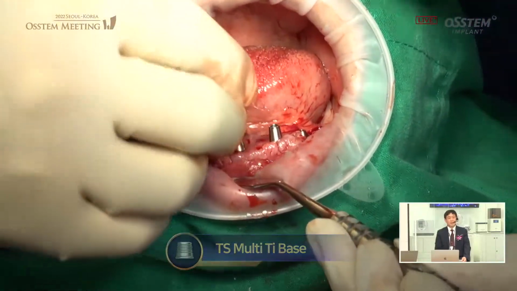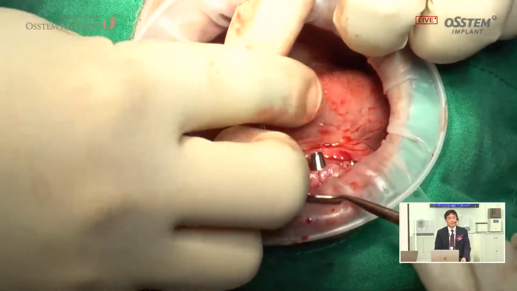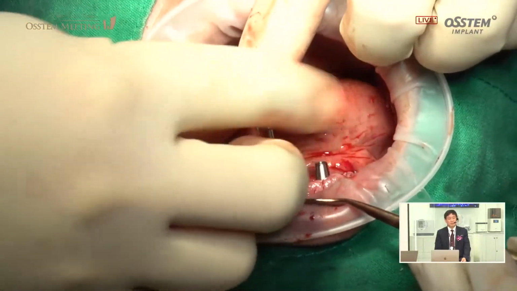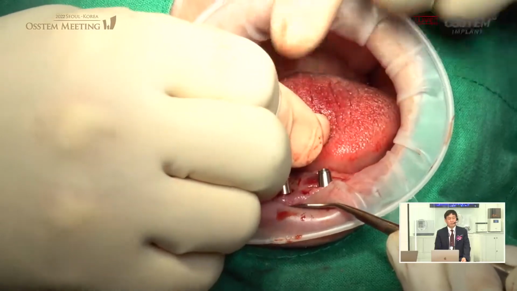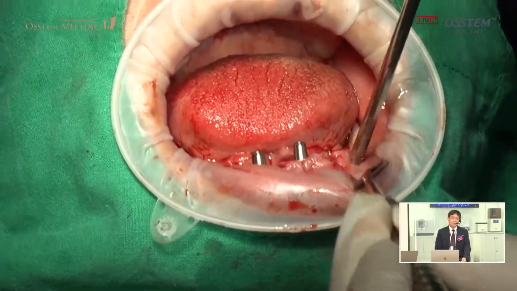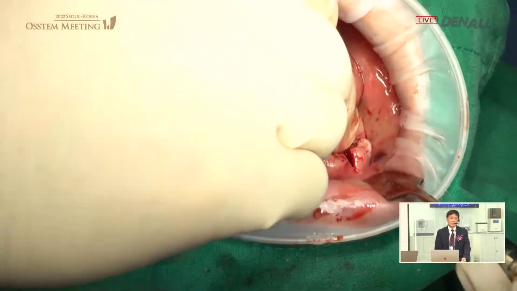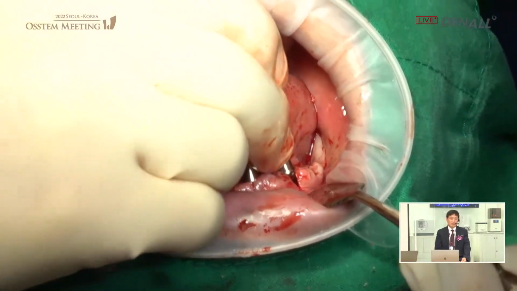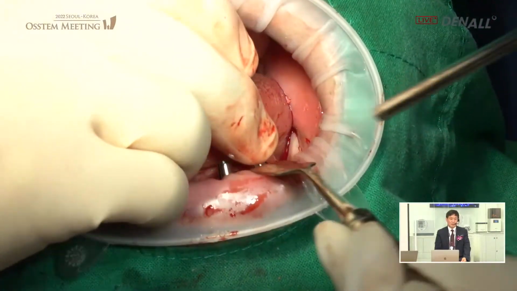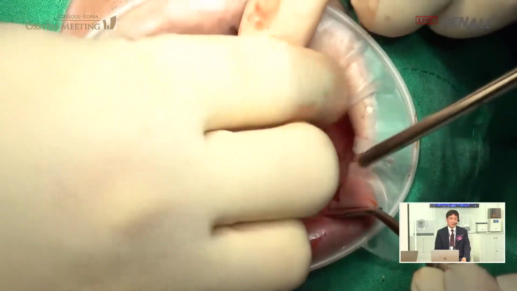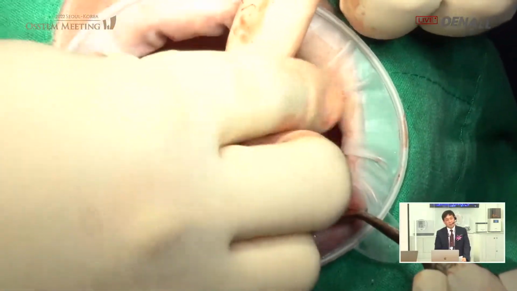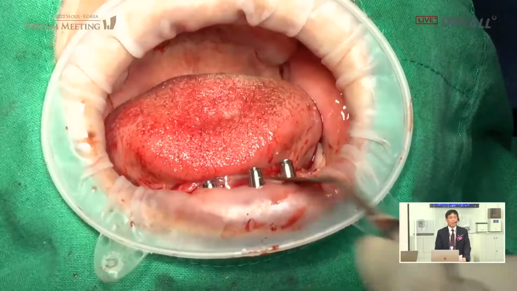I chose a Ti base with 6mm height and a 5-degree taper. The Ti base is being connected.